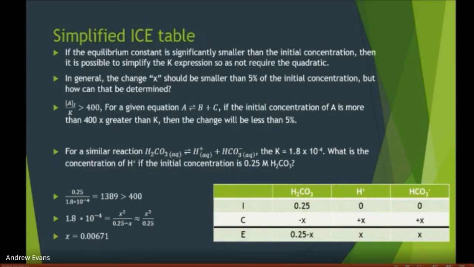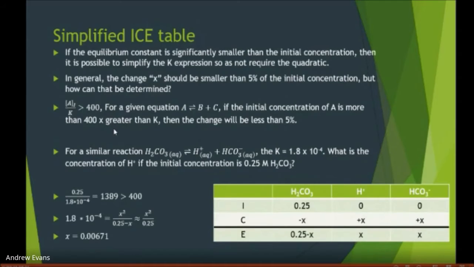Now, the hard and fast rule is that if x is smaller than 5% of the initial concentration, x is not significant to this. And how can we determine that? The way is we look at the initial concentration divided by our K. If this number is greater than 400, then the concentration change will be less than 5%.